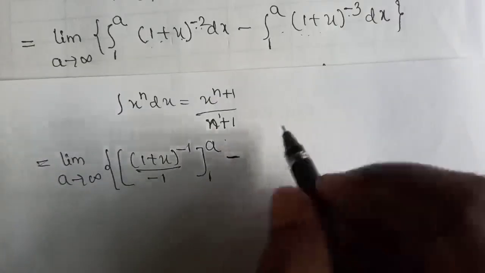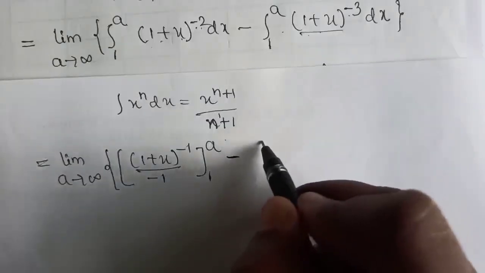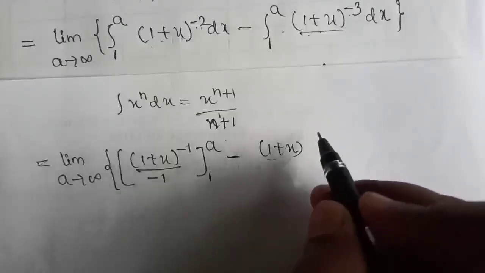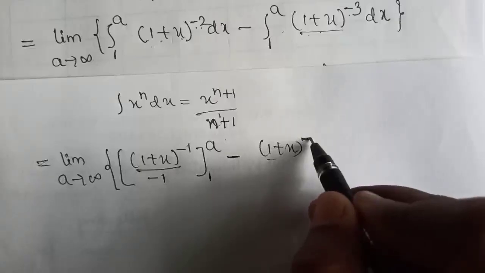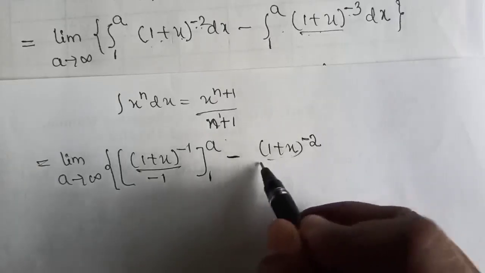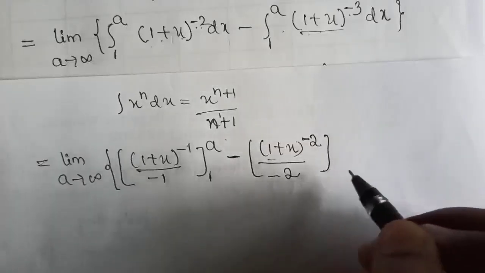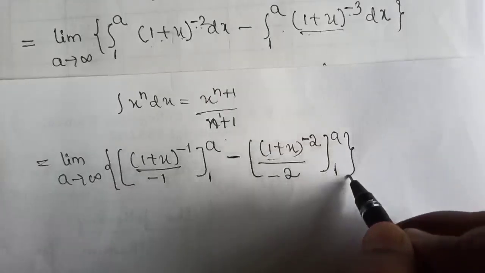Minus the integration of (1 plus x) raised to minus 3 is (1 plus x) raised to minus 3 plus 1, which is minus 2, divided by minus 2, and here also the limits are 1 to a.